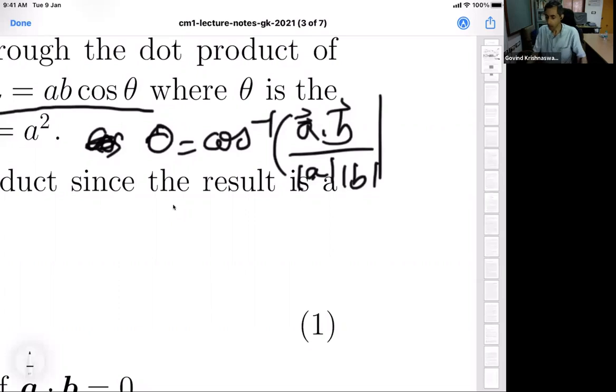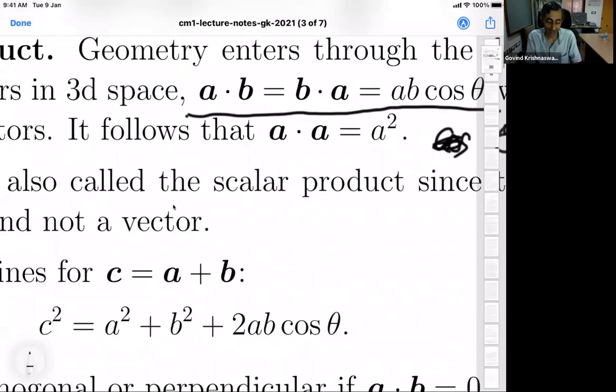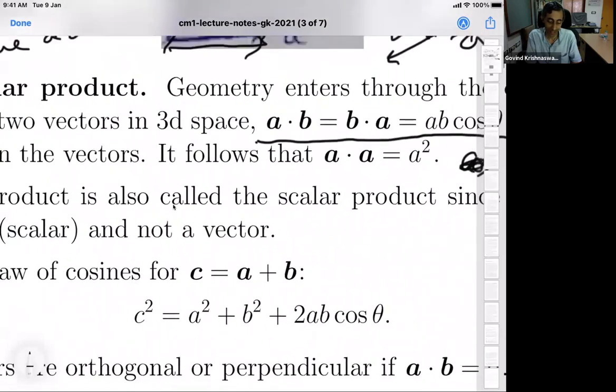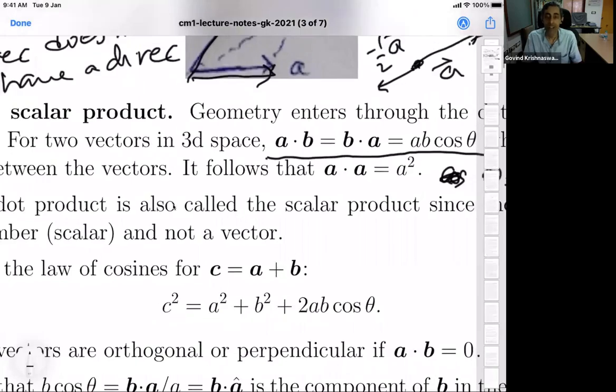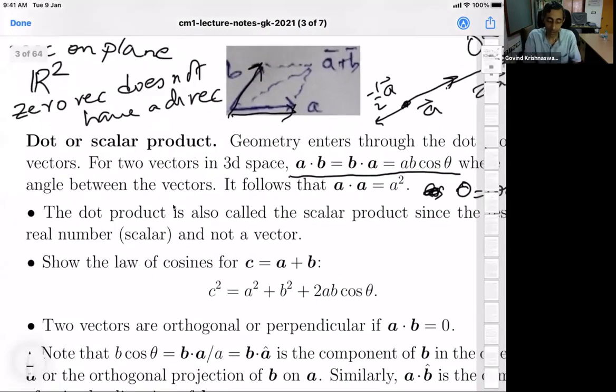Now, this is not a light statement. There is much more to this, but I hope I have clarified how at least angles enter through the dot product. In fact, even the length comes through the dot product. Though I was a little bit casual about it before, we can now think of the length of a vector itself as defined through the dot product.